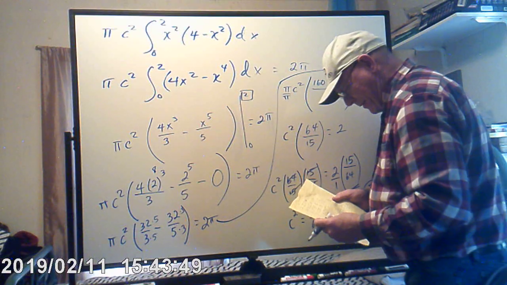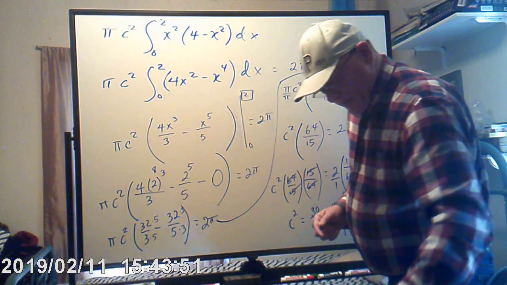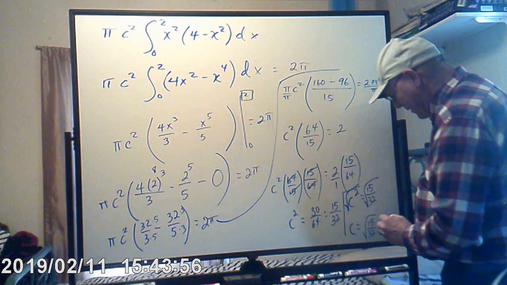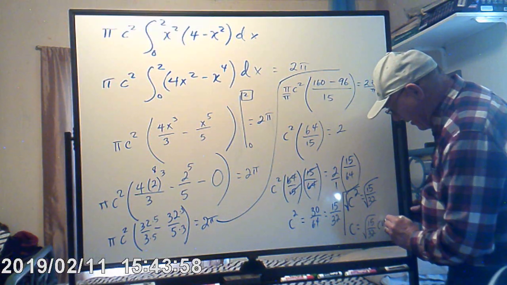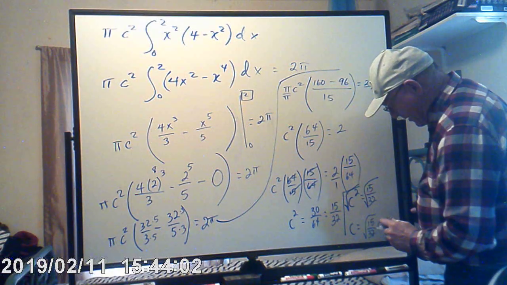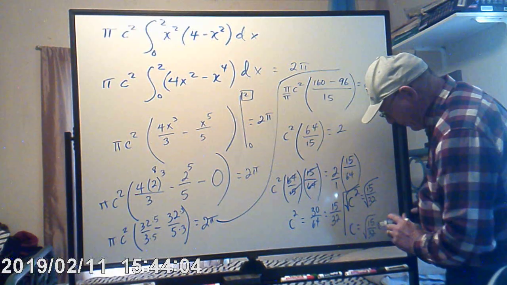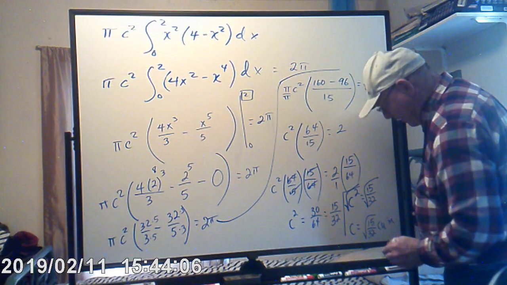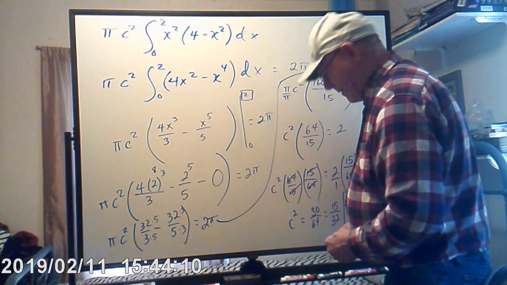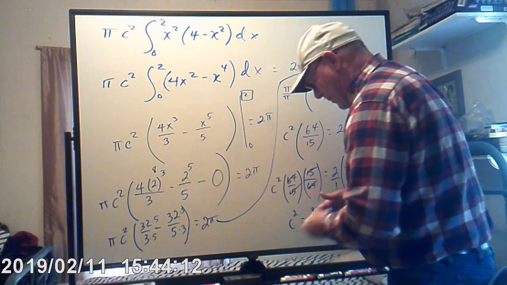And whatever that turns out to be, I'm just going to leave it at that. And by the way, in units, that is in cubic inches, or you can just say inches cubed. Make sure you put your units there. So there it is.